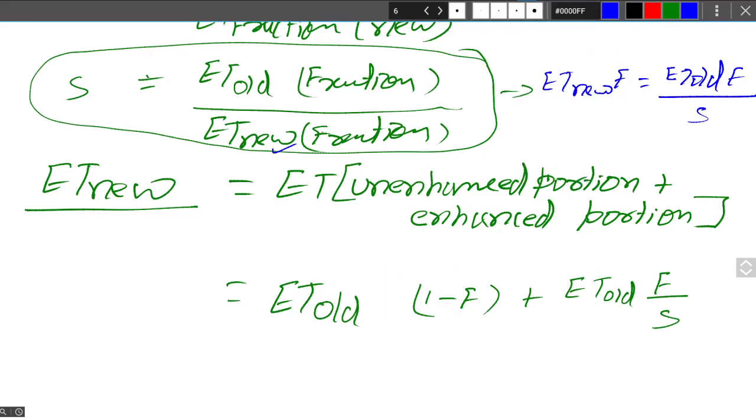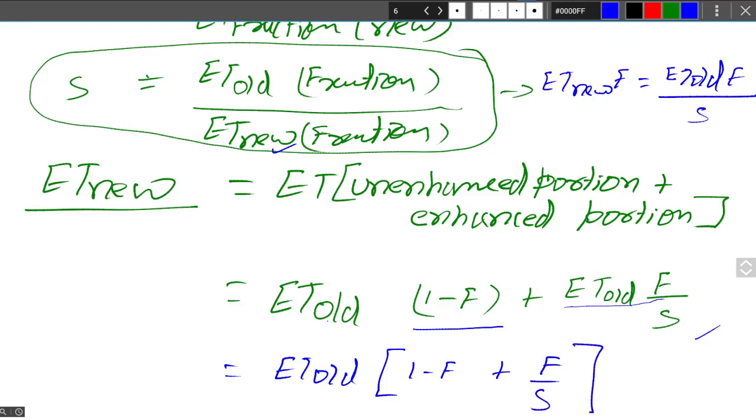Okay, so what is happening? ET old with this fraction plus ET old of this fraction upon s. No problem. So now you can take this ET old common here, so it will be ET old, 1 minus f plus f upon s.